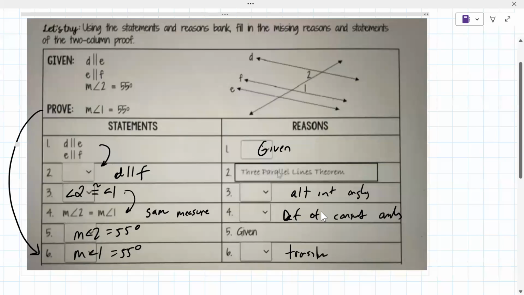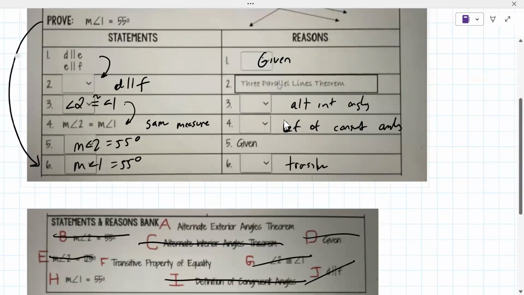This right here, definition of congruent angles, always comes from a congruent statement to a same measure statement. Does that make sense? You're always going to use this one when you say that 2 angles are equal, same measure. Yeah. Okay.